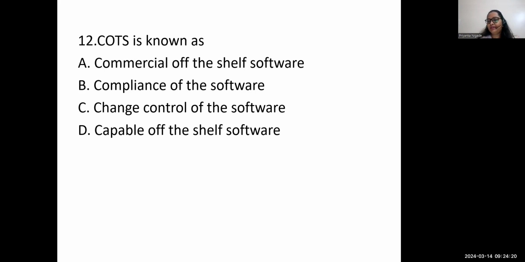COTS is a service model. If already implemented features are available in the market and we have a requirement from the customer, we can ask the customer to purchase those features and we can customize too. So basically that is called commercial off the shelf software. Yes, the correct answer is option A. Very nice.